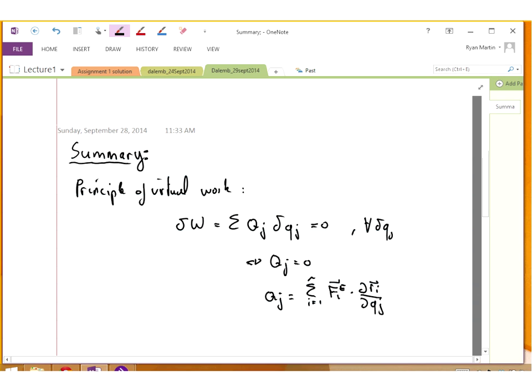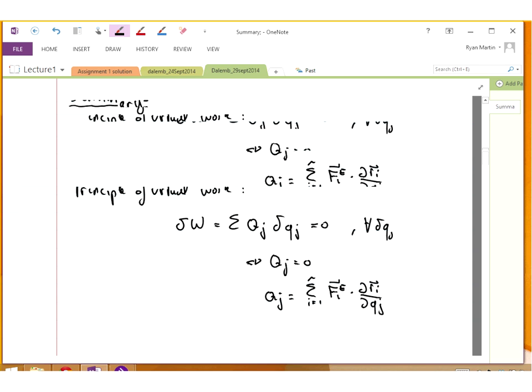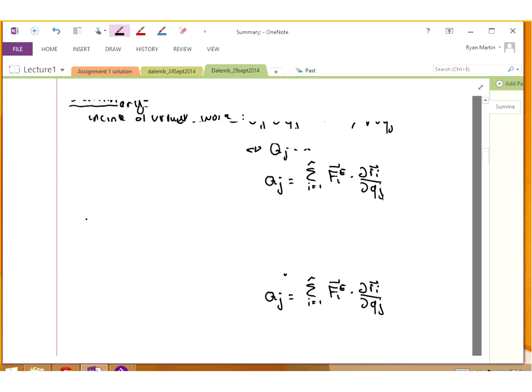And so that was the realm of statics. And then for dynamics, we have D'Alembert's principle, which is based on the idea that F minus ma equals 0.